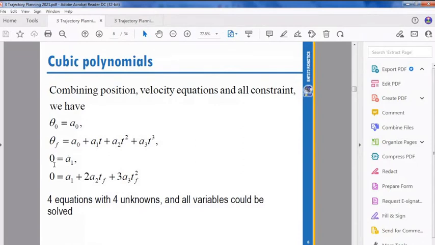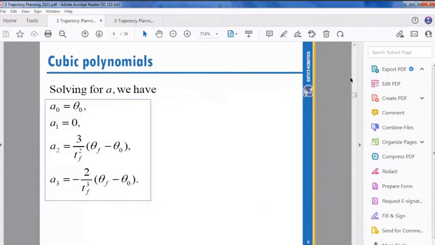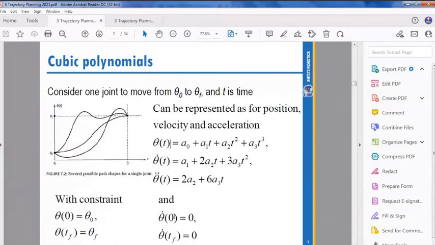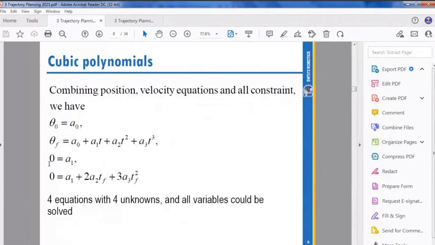And then this is based on your velocity equation. Velocity equation at time 0, all of these are 0, so velocity at time 0 equals A1. So you get A1 equal to 0 because velocity is 0. And for the final also your velocity is 0.